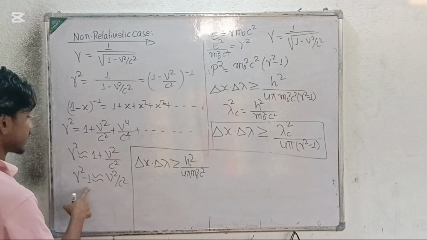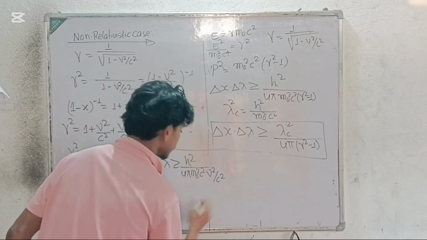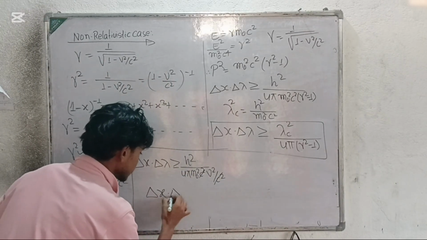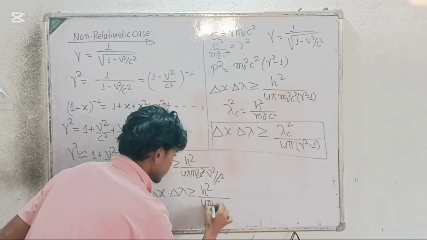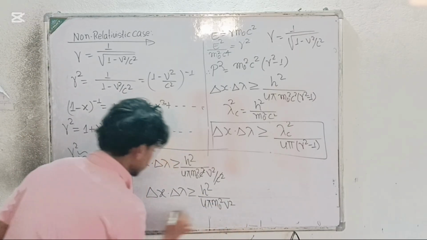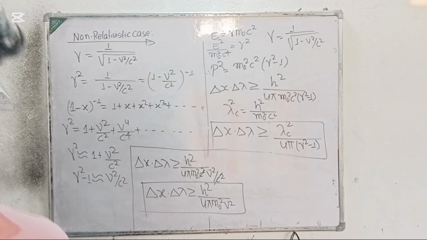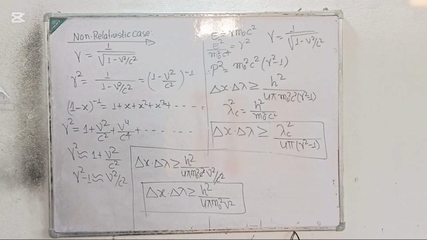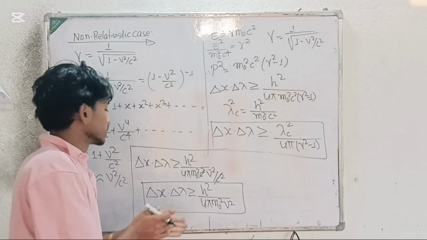In terms of gamma squared minus 1, we can approximate this value as v squared over c squared. So c squared cancels out and you end up getting delta x times delta lambda is greater than or equal to h squared over 4 pi m naught squared v squared. So this is the normal speed scenario, not for speeds comparable to light.